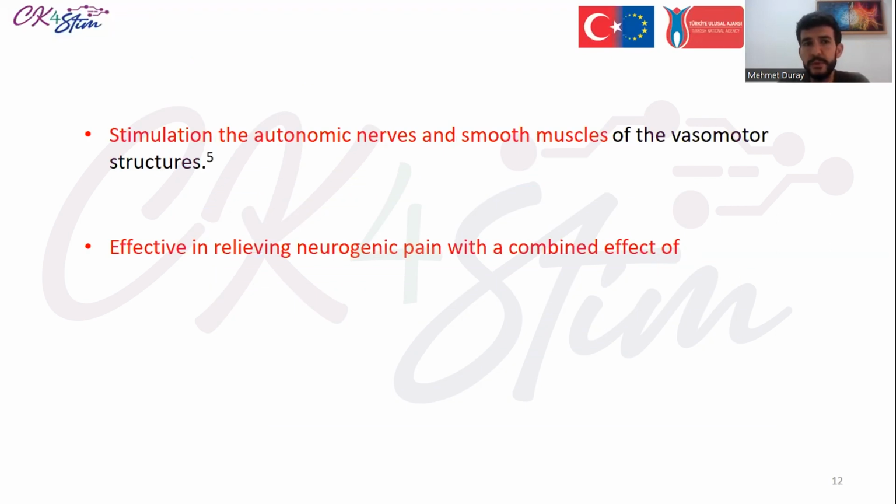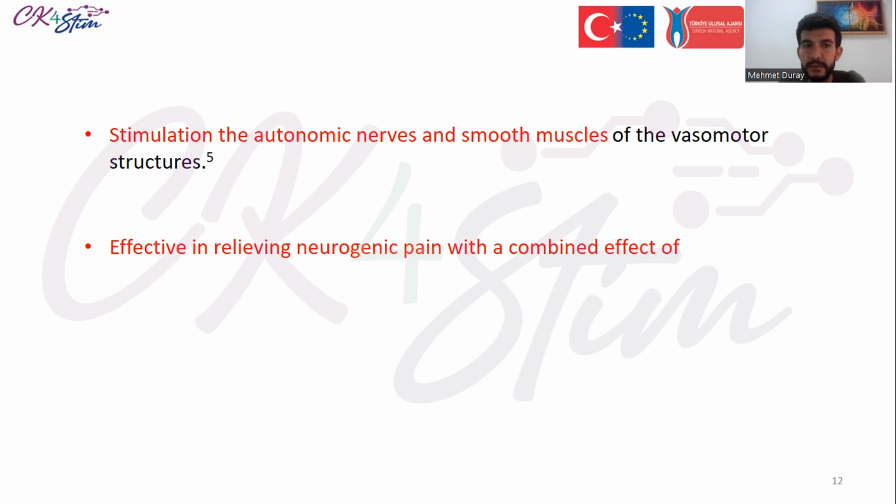It is reported that after and during high voltage pulse galvanic stimulation, stimulation of the autonomic nerves and smooth muscles of the vasomotor structures is seen.